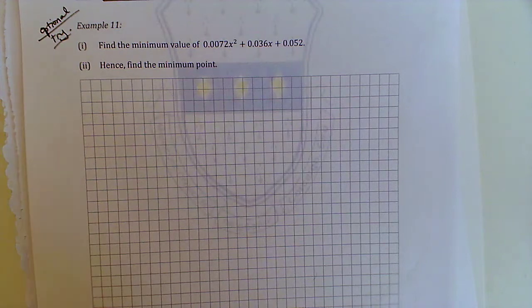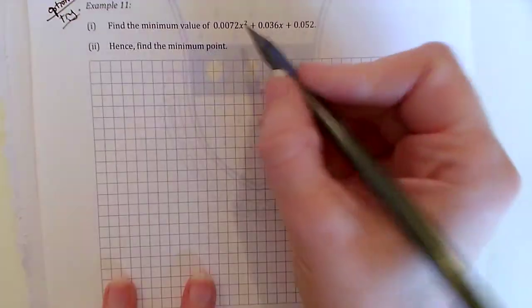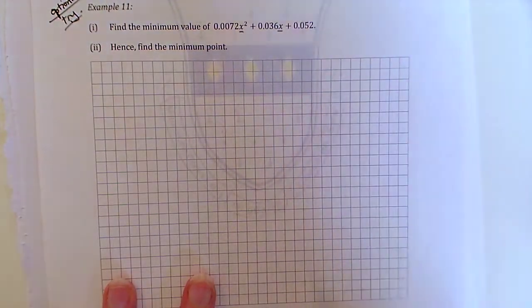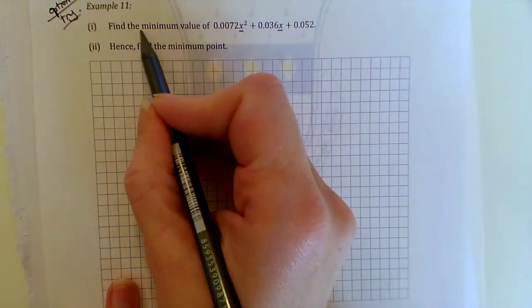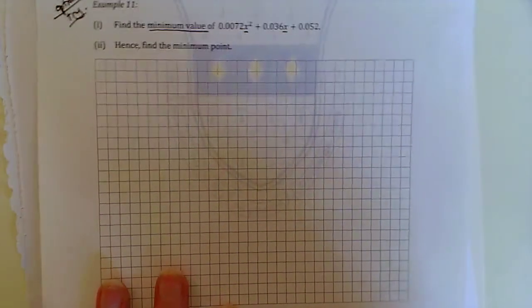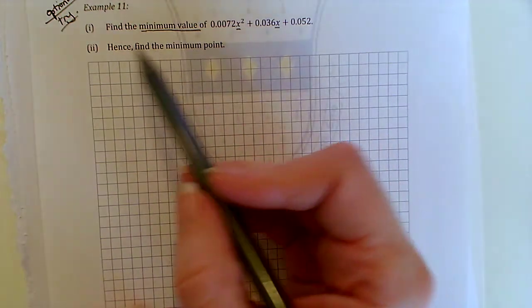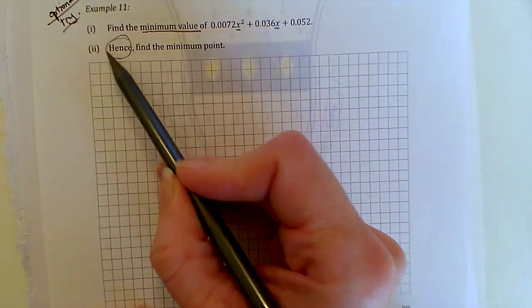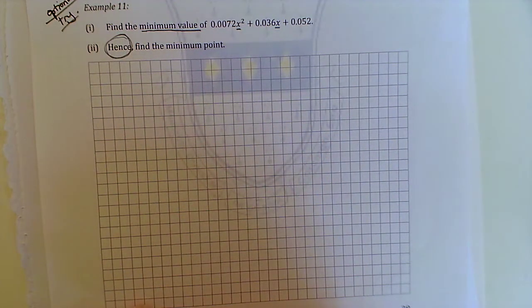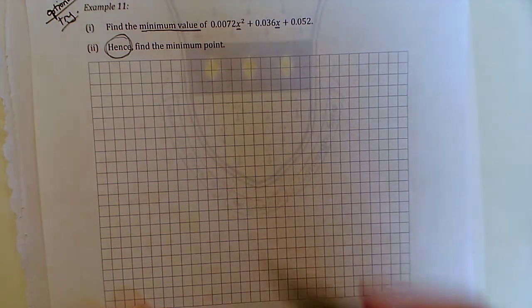They've asked us to find the minimum value of this expression here. And I would hope at this point that you'd all recognize that this is a quadratic, and that when they ask us to find the minimum value, we can therefore find the minimum point. Now there's an interesting thing that's happened here. They've said, hence find the minimum point, which means that we can't just use the fact that I've told you for finding the minimum point.